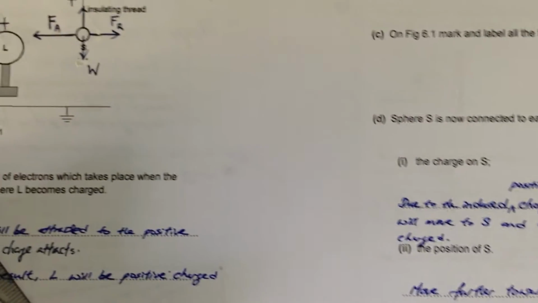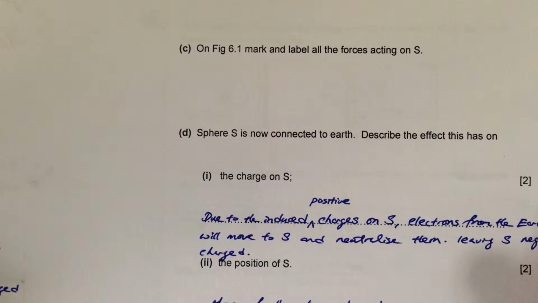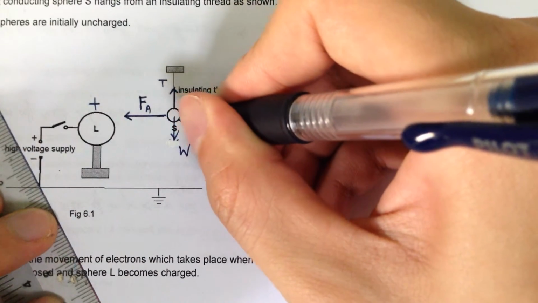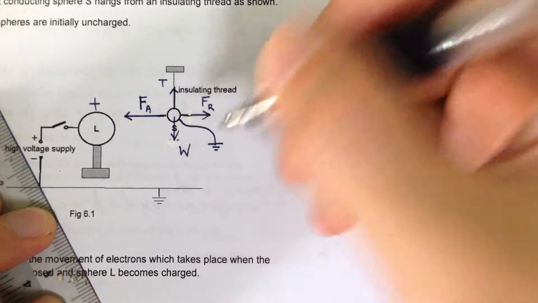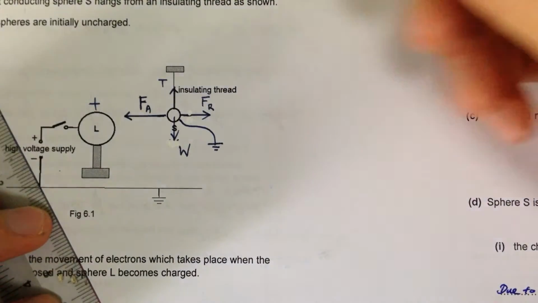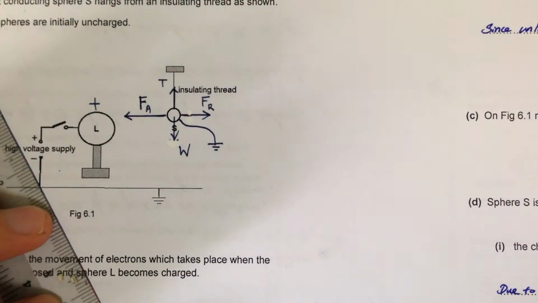So what happens is that S is connected to Earth. Now it doesn't matter where you connect your Earth wire. It doesn't matter whether you connect it on top, below, on the left, on the right. Why? Because sphere S is conducting, meaning that the electrons can move freely inside sphere S.